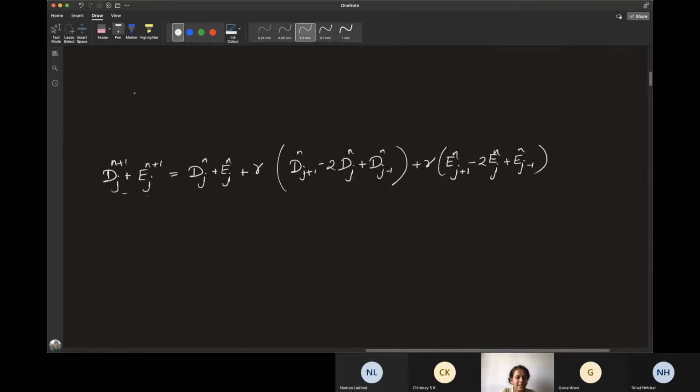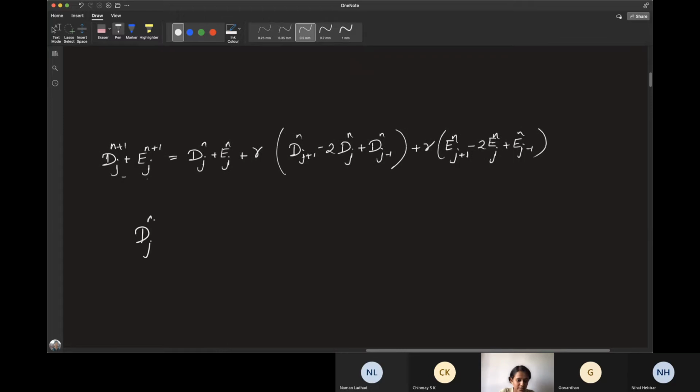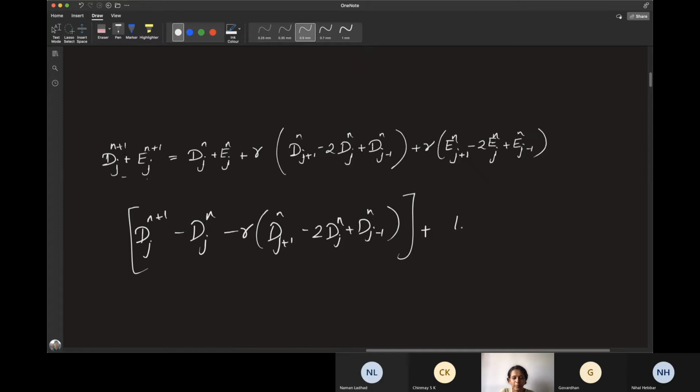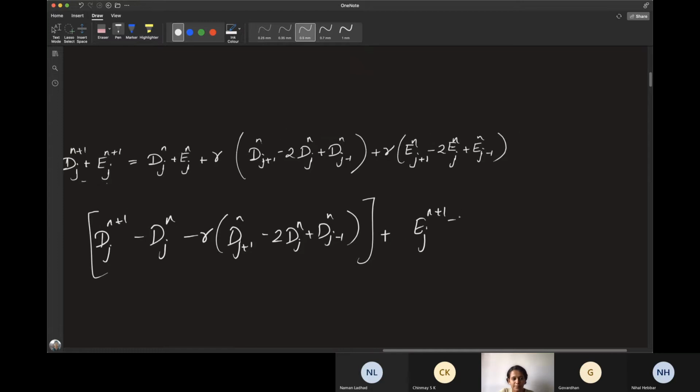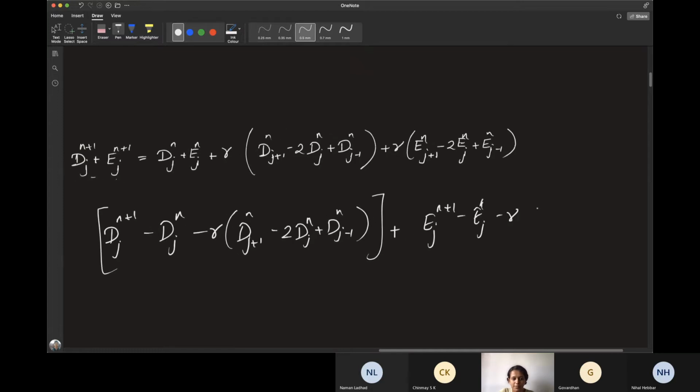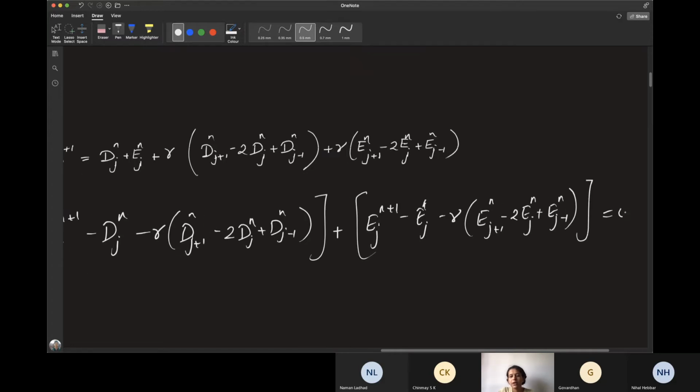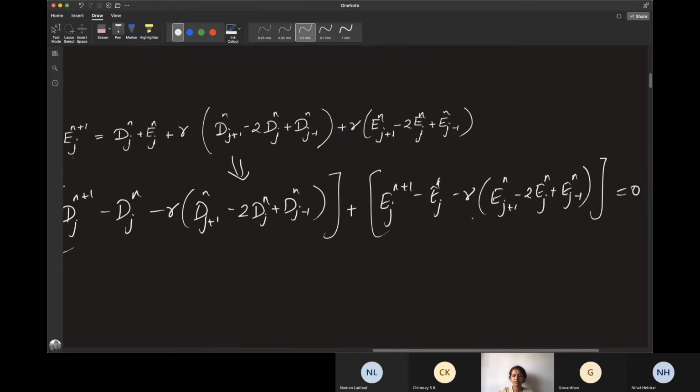Now let's write this equation as something like this: Dj at n plus 1 minus Dj at n. So I'm just rewriting this equation in this way.